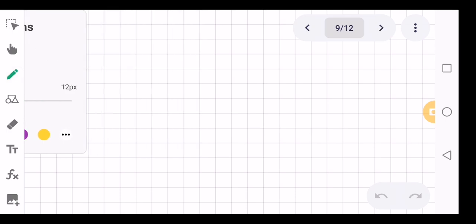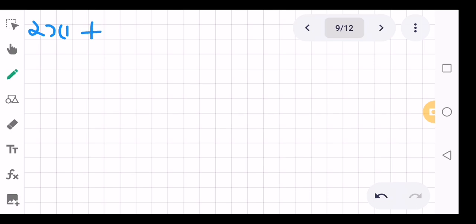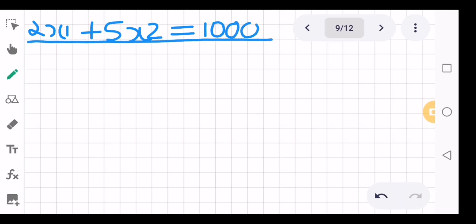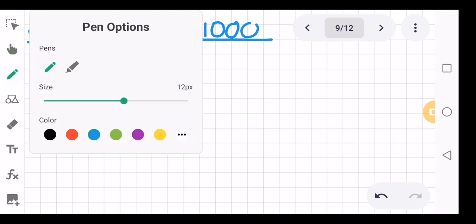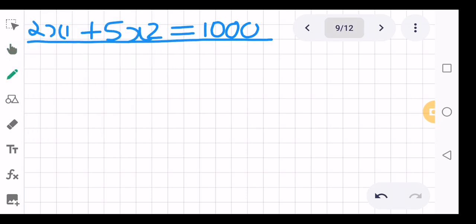So this is your second constraint. We are taking only the constraints. And now the same thing I did previously.